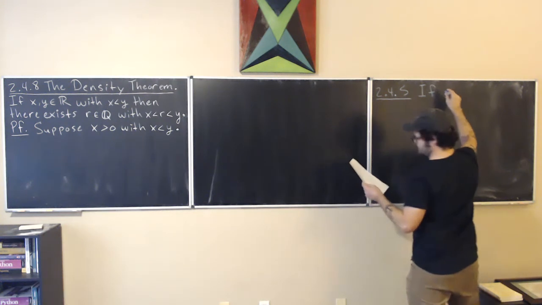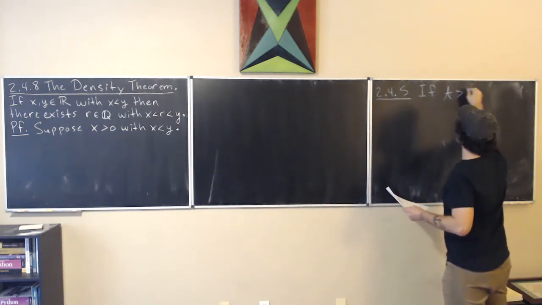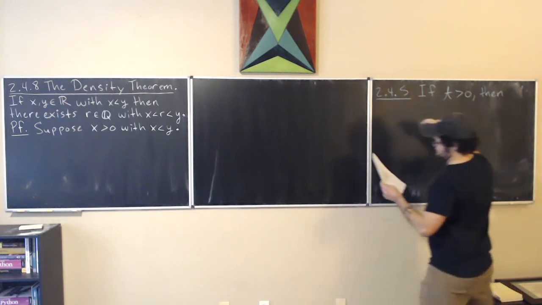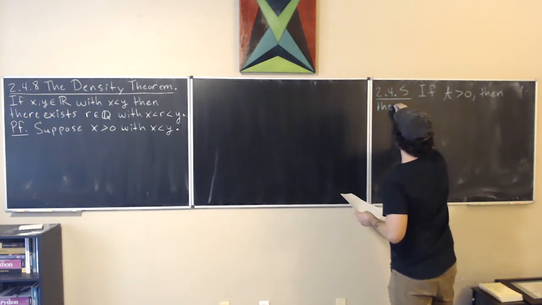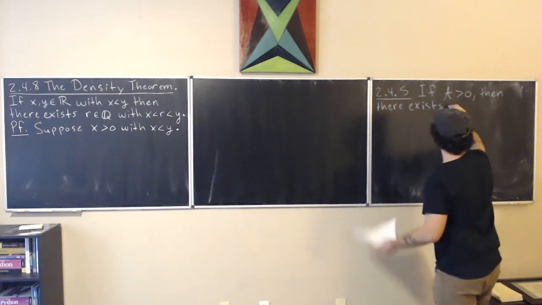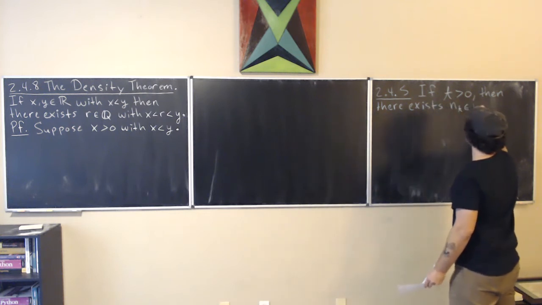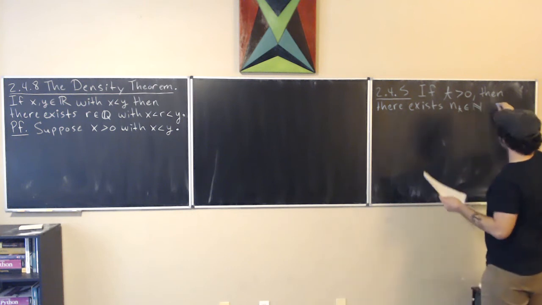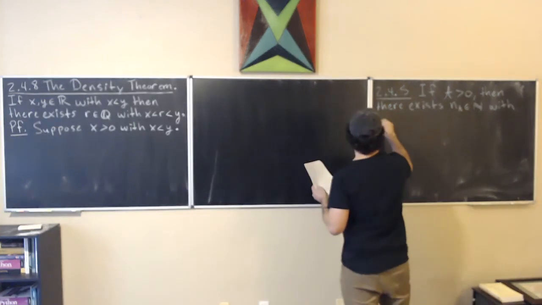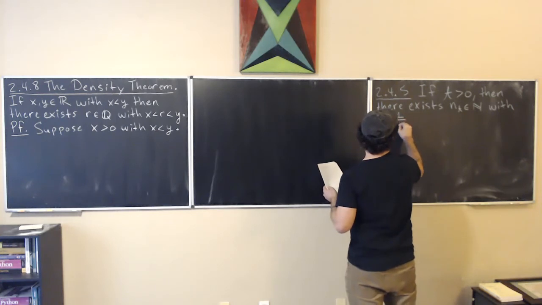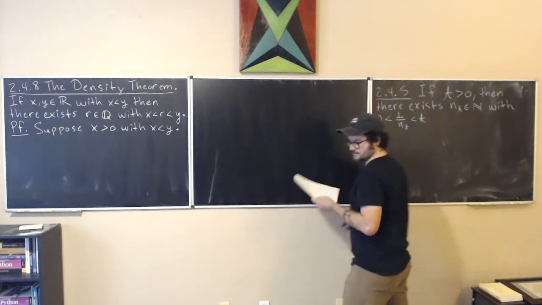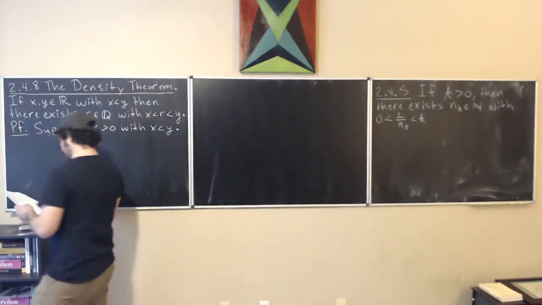It says that if t is greater than 0, then there exists some natural number n of t with 0 less than 1 over n of t, which is less than t. Okay, so that's what 2.4.5 states.